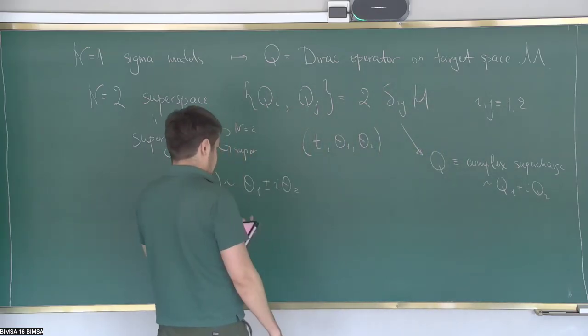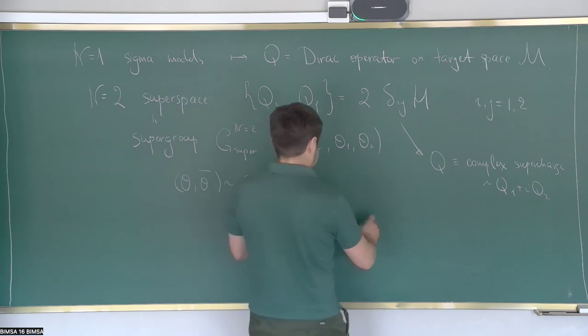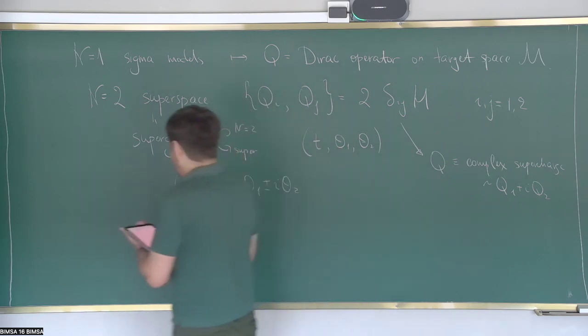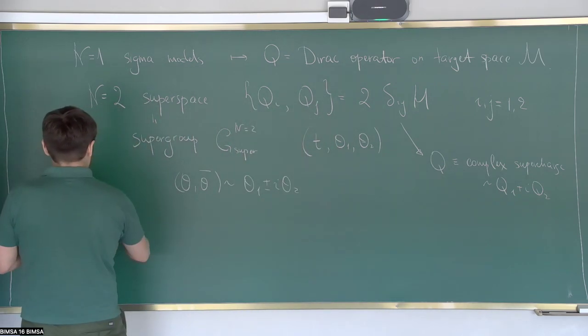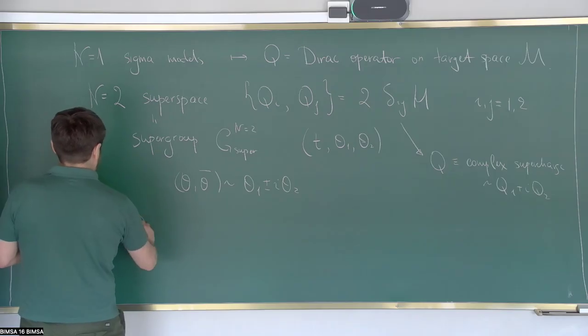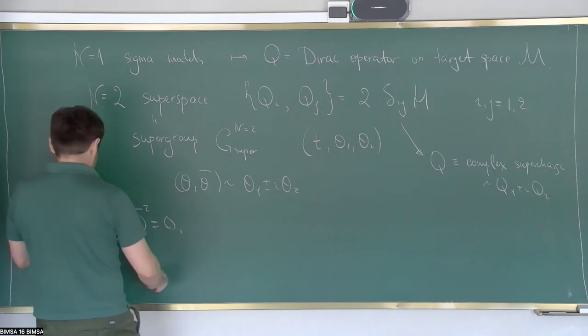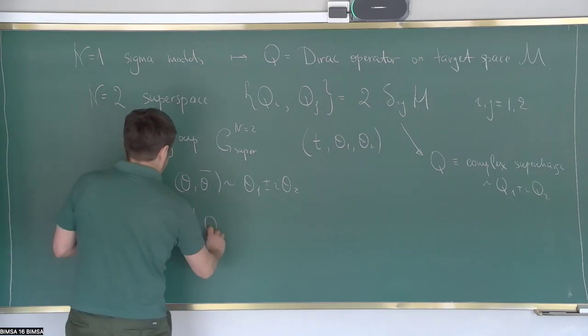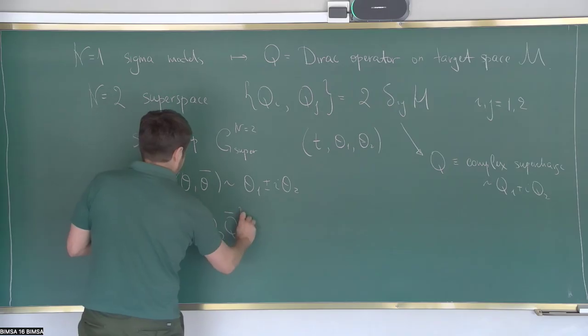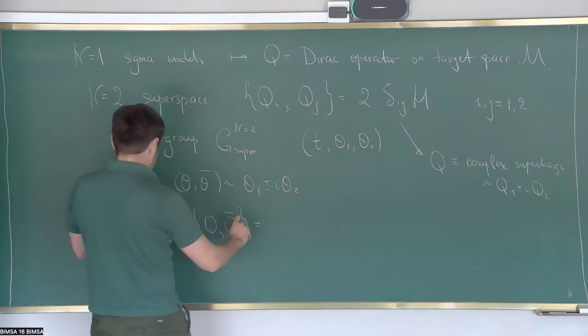And then the algebra is: Q squared is nilpotent, equal to 0, Q bar squared is 0, and the anti-commutator of Q and Q bar is, with this normalization, 2H.